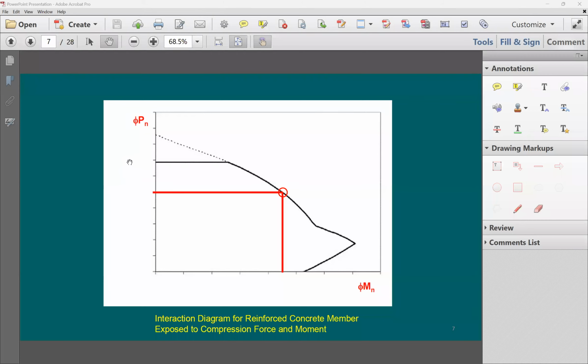Let me show it to you. Here's a slide set that you guys have seen.